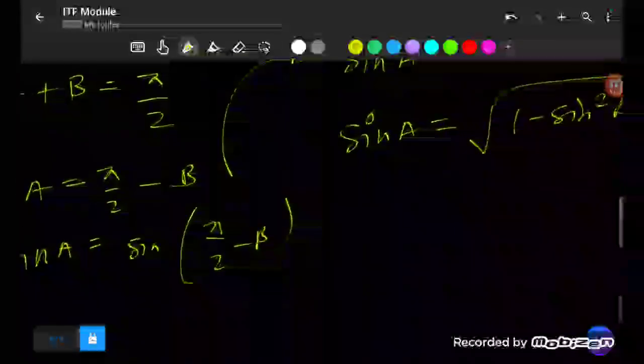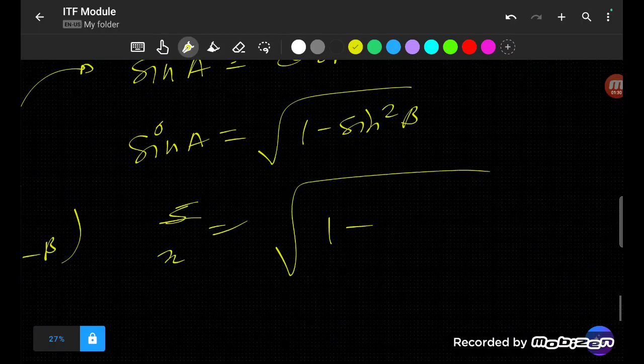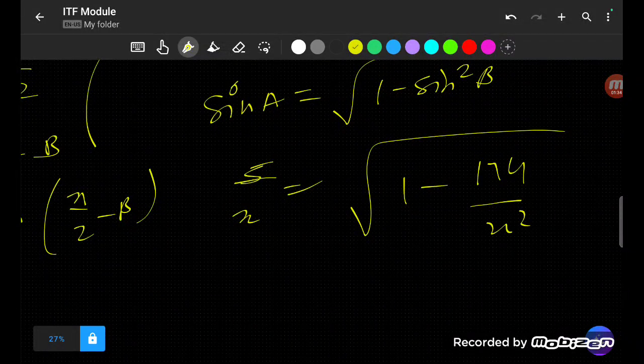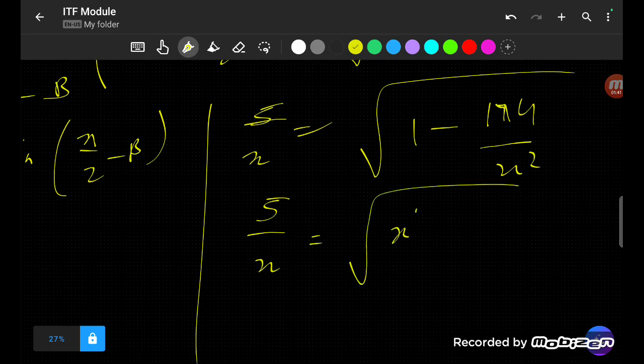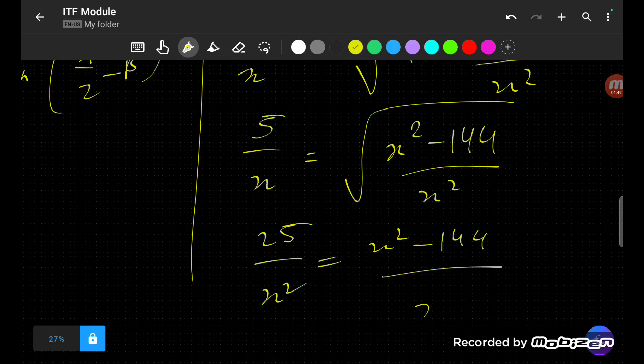Sine a is equal to 5 by x, which is equal to under root 1 minus 144 upon x square. 5 by x equals under root x square minus 144 upon x square. So you have 25 upon x square, which is equal to x square minus 144.